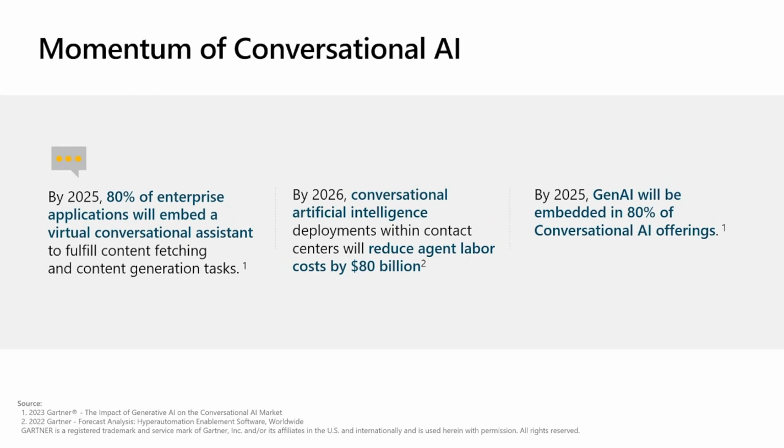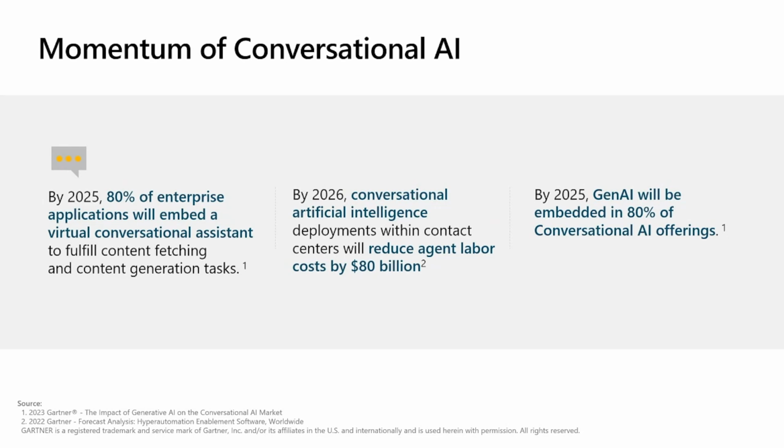It's everywhere, I'd say. Now it's the era of AI, so we call it the momentum of conversational AI. First, let me show some research data on the market and the trends. The first is the integration of conversational AI assistants in enterprise applications.